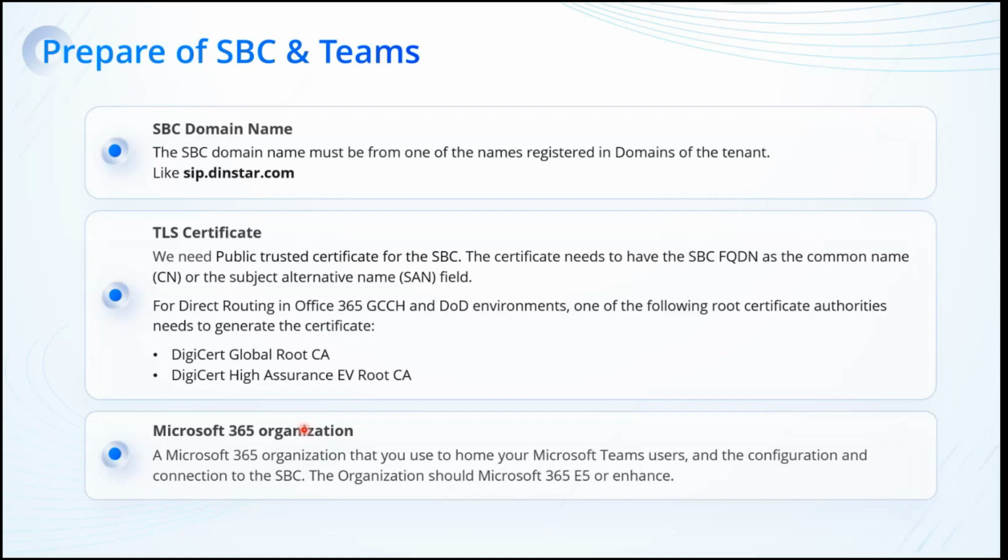Because for PBX or UC solutions, the Teams organization is considered a virtual organization or virtual company, so your incoming and outgoing calls go to this instance. Okay, so make sure these 3 things are done.